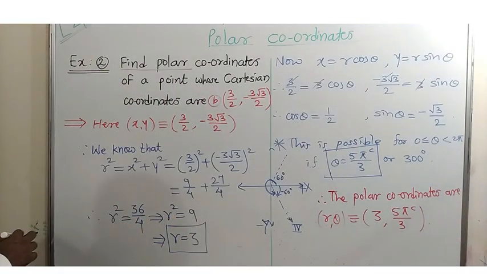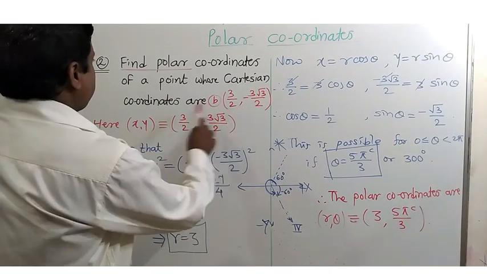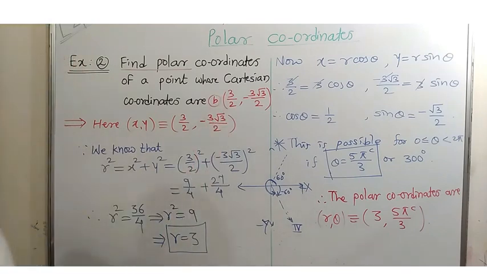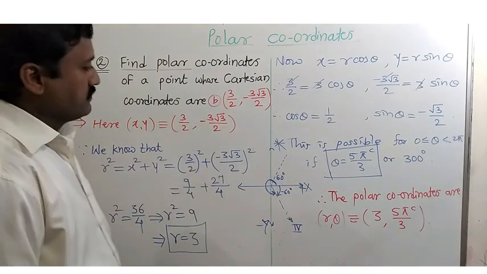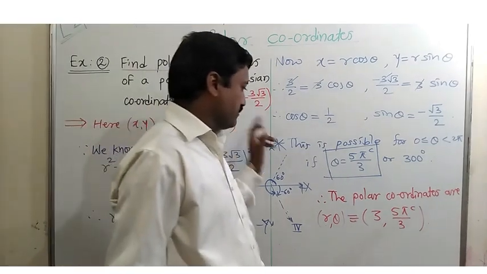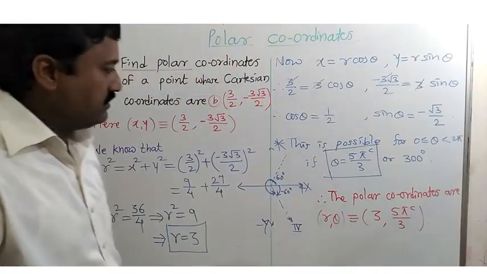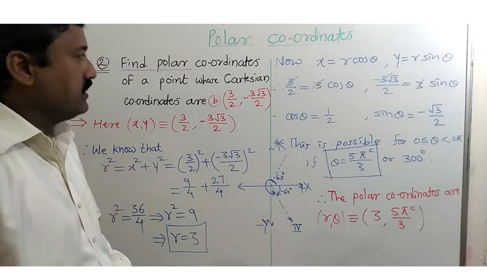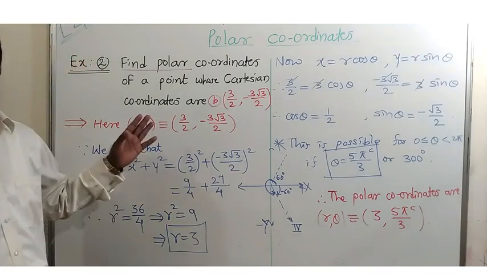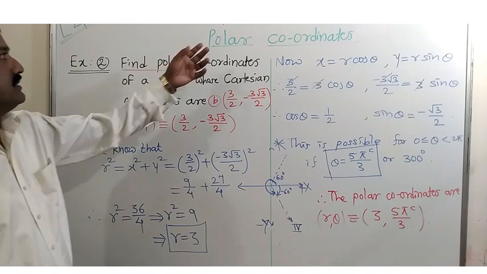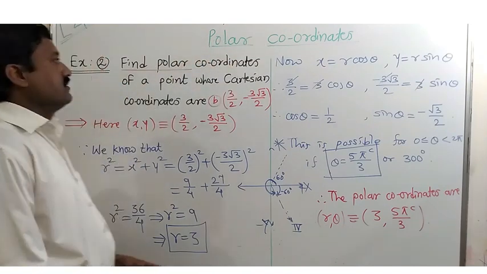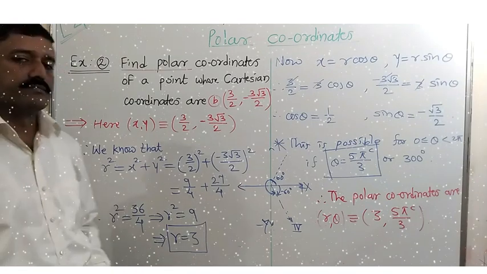So this is the answer. The equivalent polar coordinates of the Cartesian coordinates 3 by 2, minus 3 root 3 upon 2 are 3 and 5 pi by 3 radian. These are the two types of examples based on this article, which is the relation between polar coordinates and Cartesian coordinates. Okay, thank you.